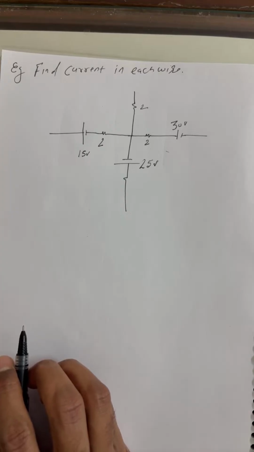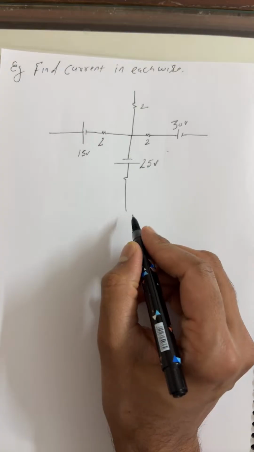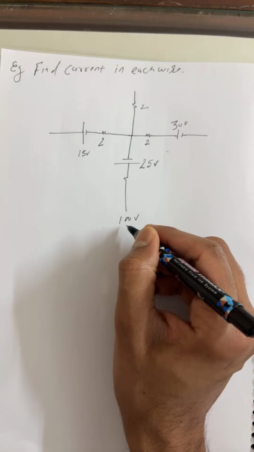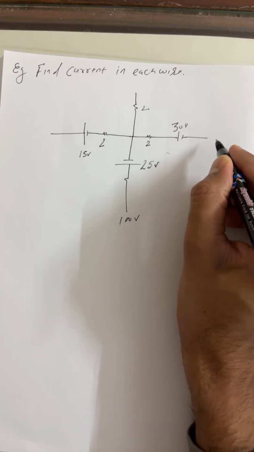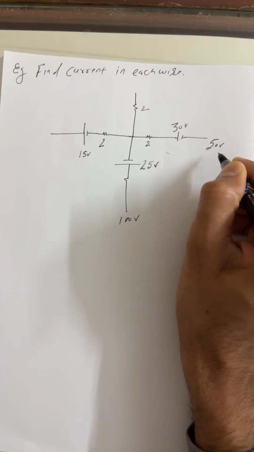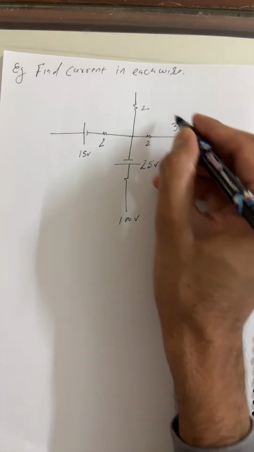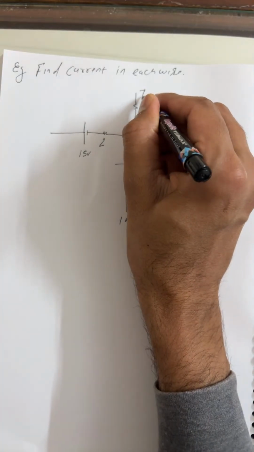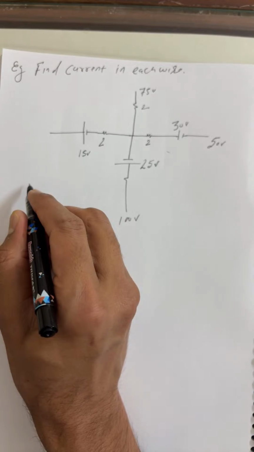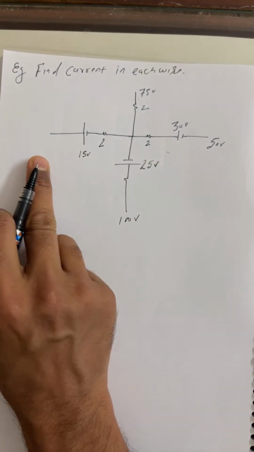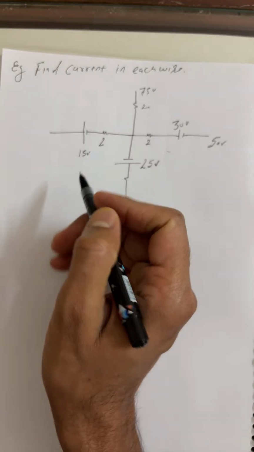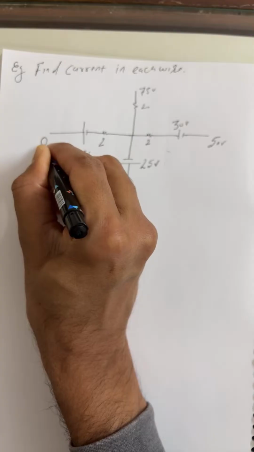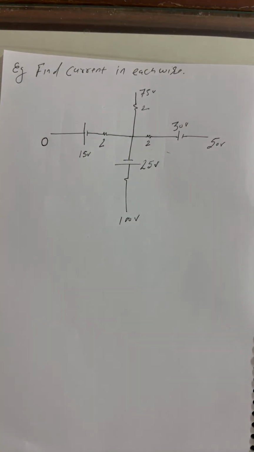There is a potential difference with plus, so you can say this is 100 volt. This is 50 volt. This is 75 volt. Current flows from this side now. So you can take 0.